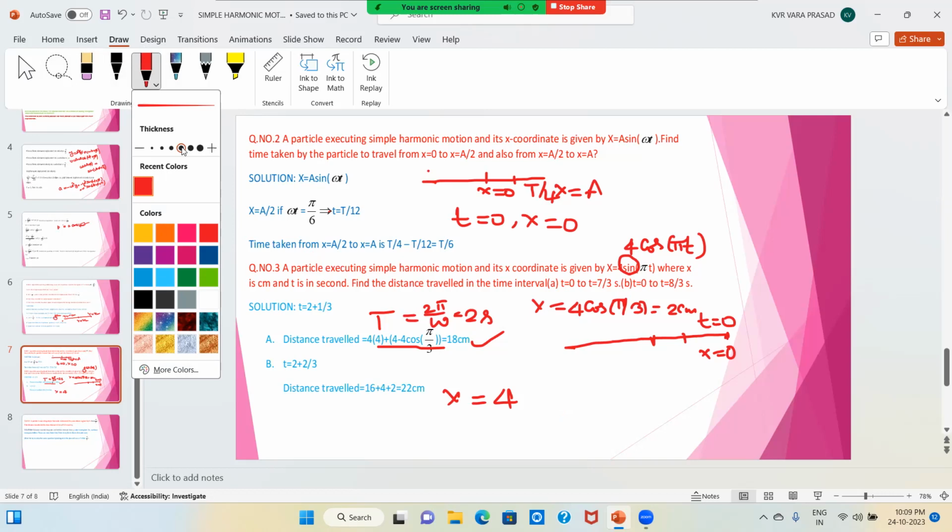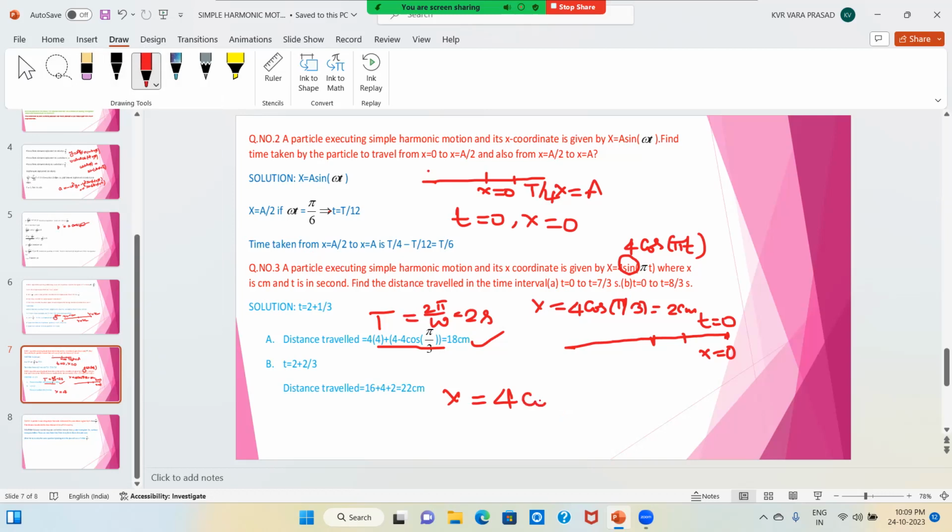So we are calculating how much distance is covered in the extra 2/3 second. It is 4 cos 2 pi by 3. Cos 2 pi by 3 means cos 120, which is minus 1 by 2. Therefore it is equal to minus 2 centimeters. Now, students, focus carefully.